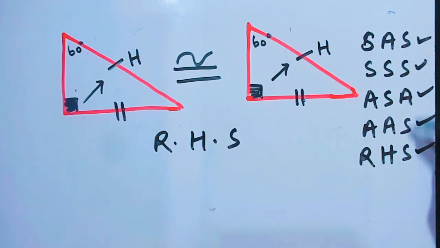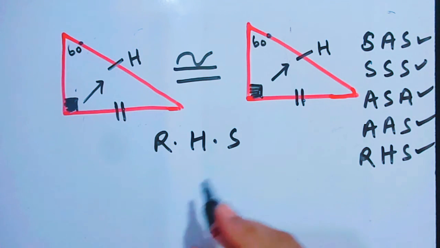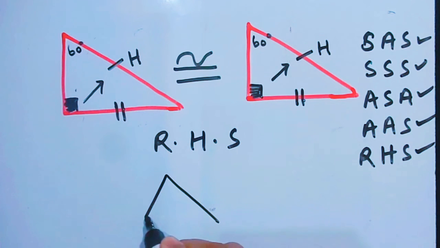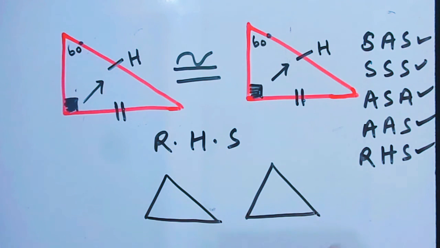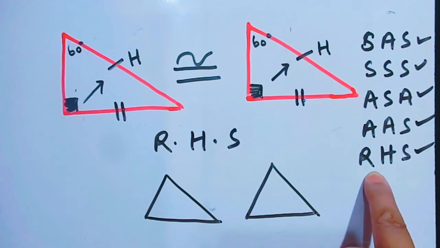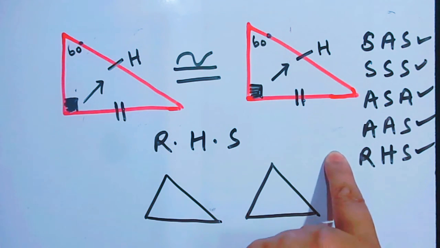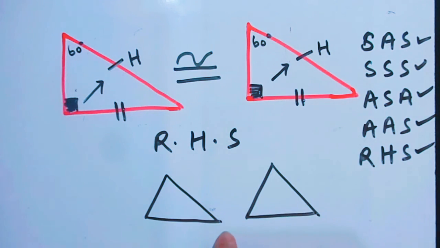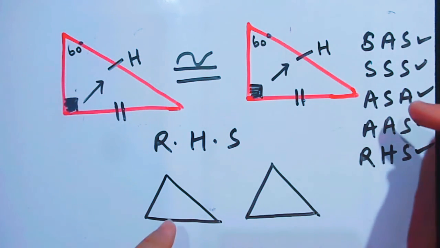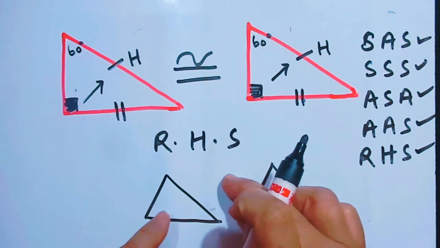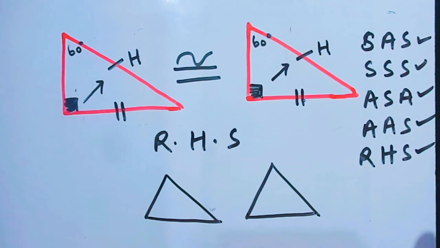Out of all these 5, any one will be applicable to any particular two triangles. So if one of them is not applicable, that doesn't mean that that is the end of our search. We have to see whether any one of all the other 4 is applicable to these two particular triangles.